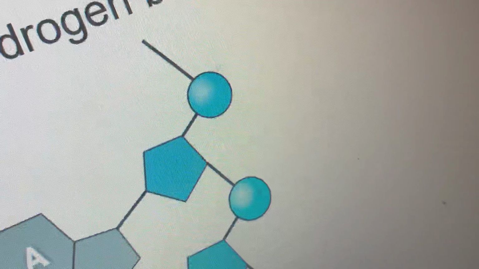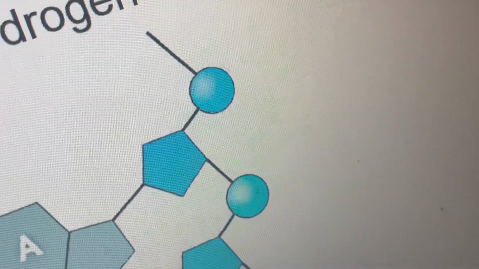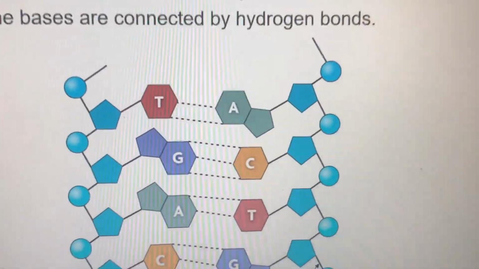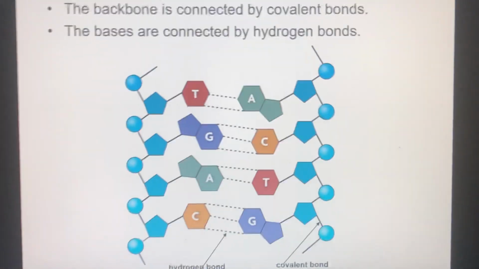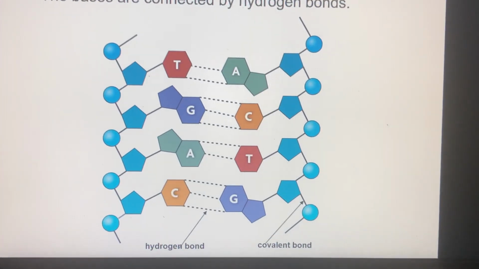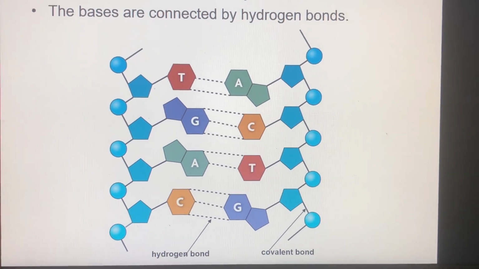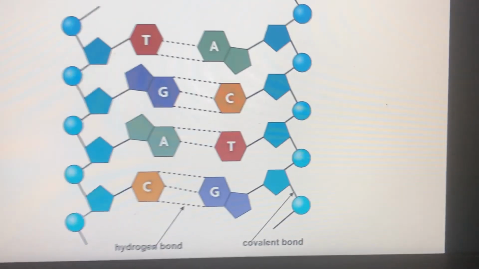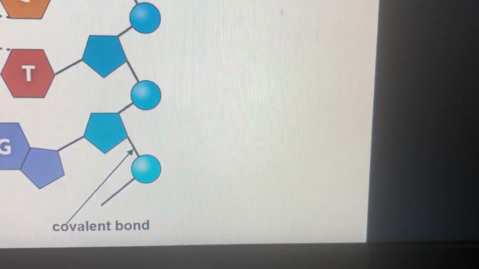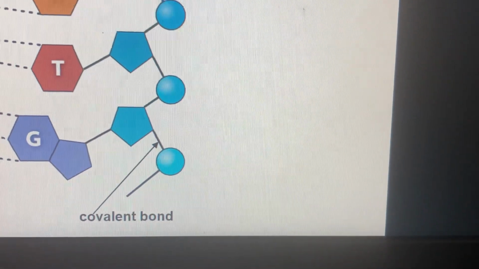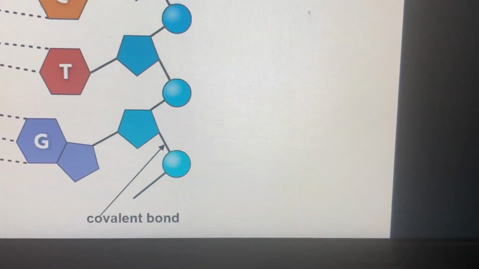Here it is. Phosphate group with the sugar. Which bond can bind all those nucleotides together? Which bond can bind the sugar with the phosphate group? The bond is called covalent bond. Covalent bond to bind the sugar with phosphate group.